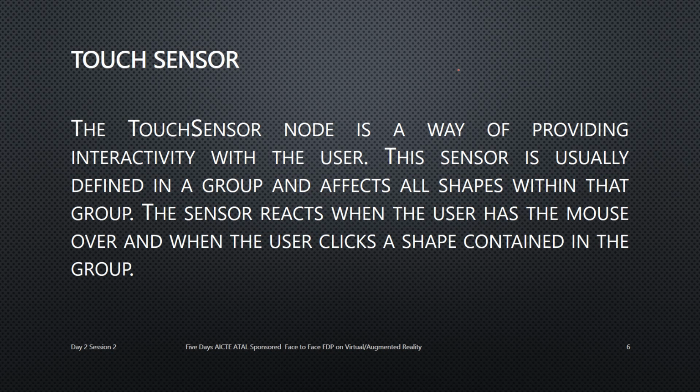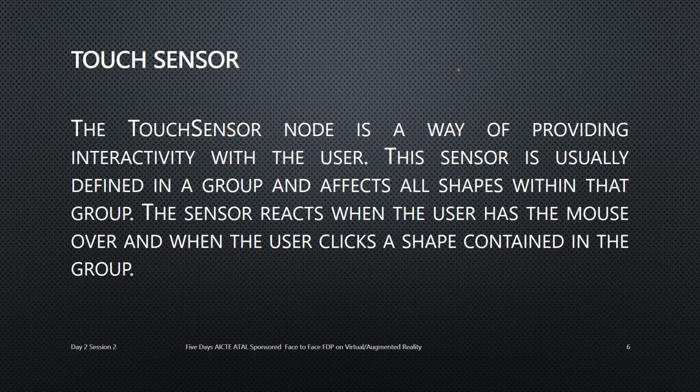The touch sensor node is a way of providing interactivity with the user. This sensor is usually defined in a group and affects all the shapes within that group. So we create a group and then we apply the touch sensor. Whatever objects are there in that group will get affected by this touch sensor. The touch sensor reacts when the user has the mouse over and when the user clicks a shape contained in the group.